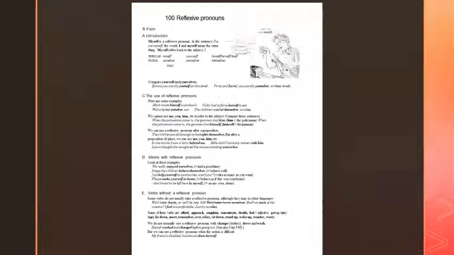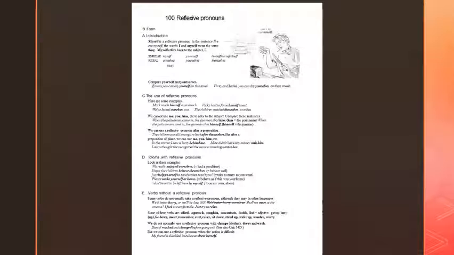Here are some examples. Mark made himself a sandwich. Vicky had to force herself to eat. We have locked ourselves out. The children watched themselves on video. So reflexive pronouns basically are used when the action is affecting the performer of the action, or when the action is affecting the subject.